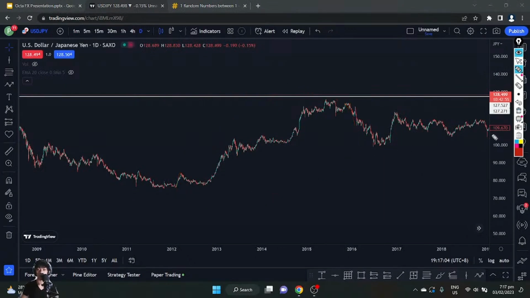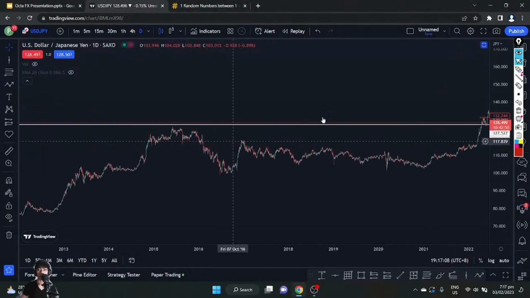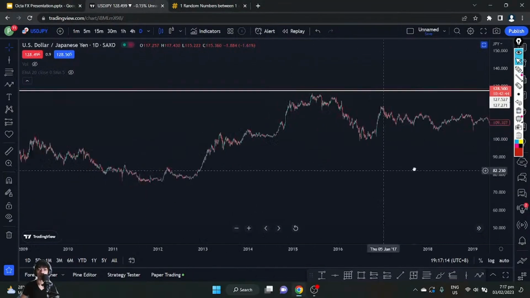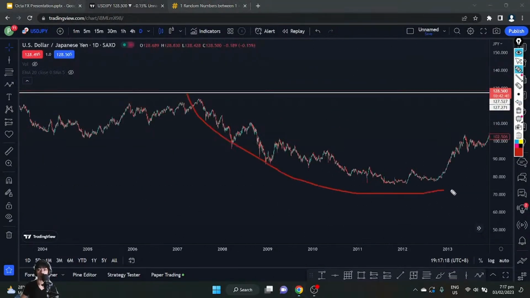Okay, and we also have a consolidation right here. Right, so this is a long consolidation. And of course, we also have a downtrend right here. All right, so those were the three main types of market structure.